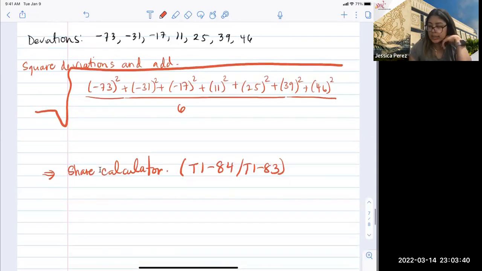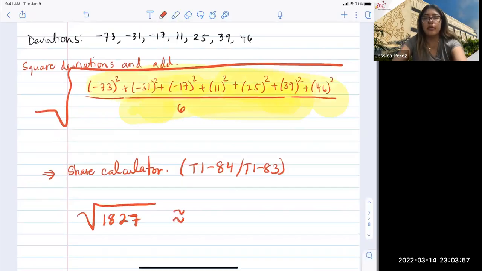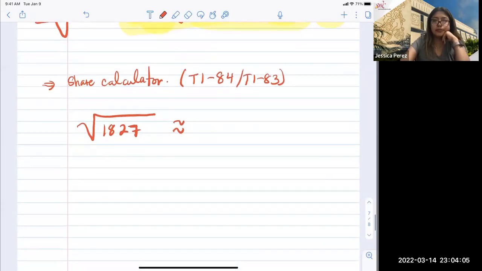Then you're going to be taking the square root of that number. Once I did that, the number on the inside was 1827 after I divided it. So I'm going to take the square root of 1827, and that's going to give me roughly 42.743.